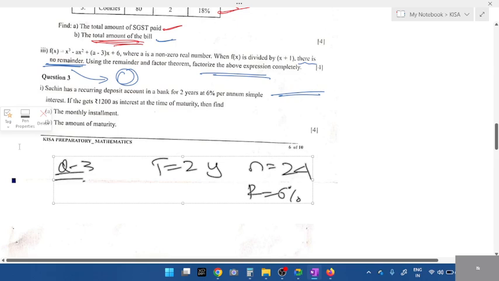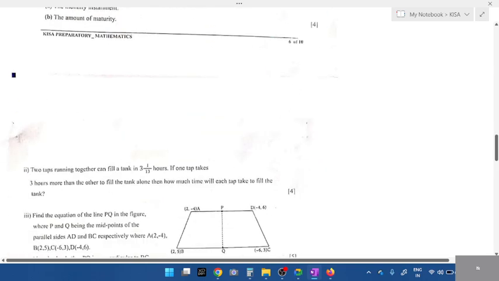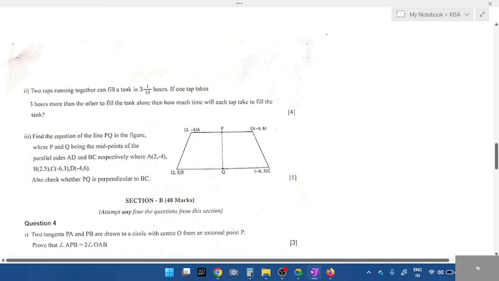Okay. See, next one I taught you all the time. Distance is equal to speed into time, students. But here, two taps running together can fill a tank. See, if this is a tank, even this is under the distance concept. The distance is nothing but the water filled.